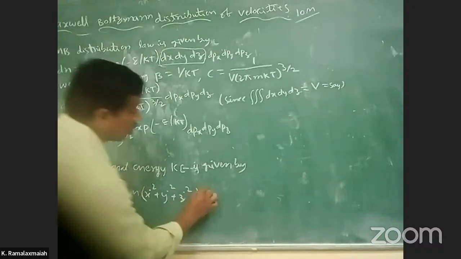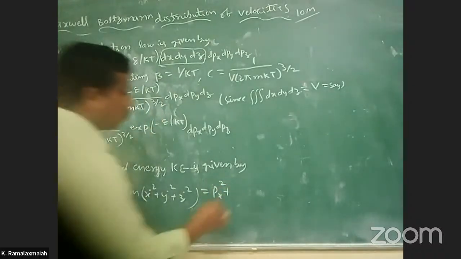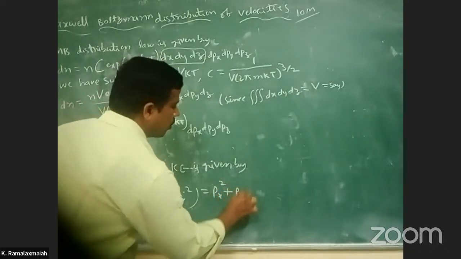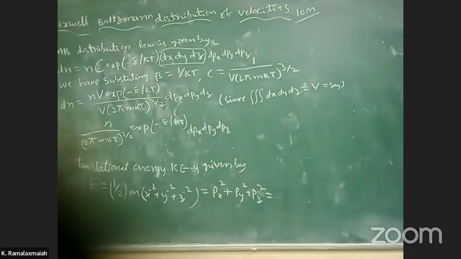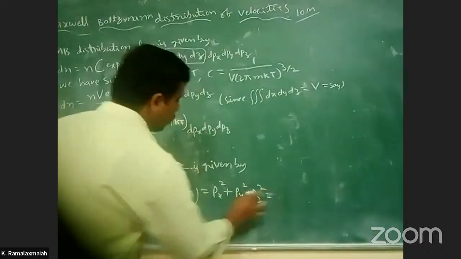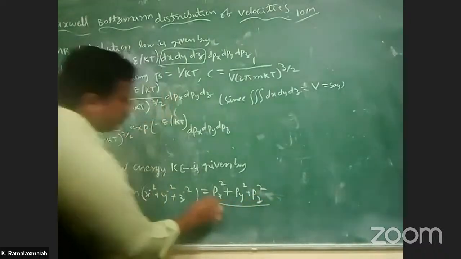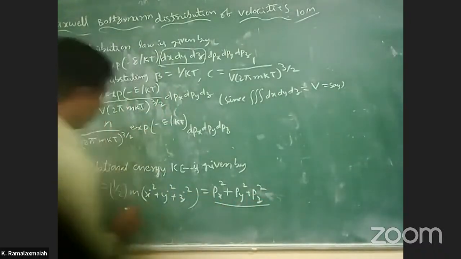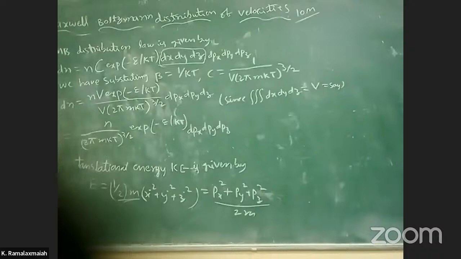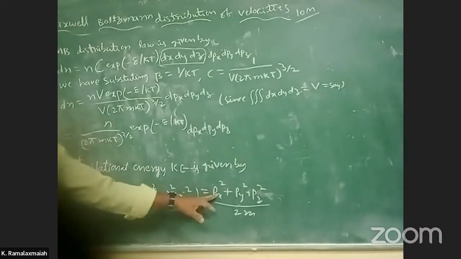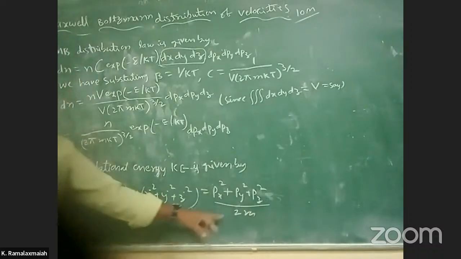That is equal to px square plus py square plus pz square, divided by 2m. Here x dot square plus y dot square plus z dot square, multiplied by m square, is px square plus py square plus pz square, divided by 2m.